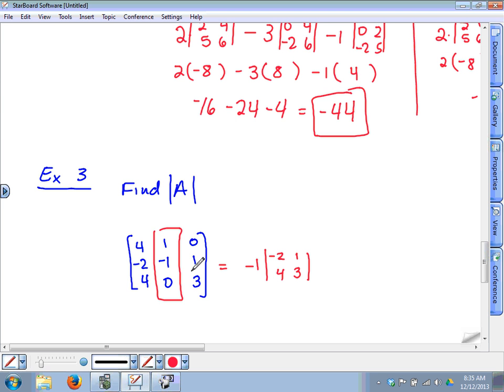Now, we're choosing this as an entry. What's the cofactor? We'd multiply with positive, so it still stays -1. If that row and column are crossed out, you have 4, 4, 0, 3.